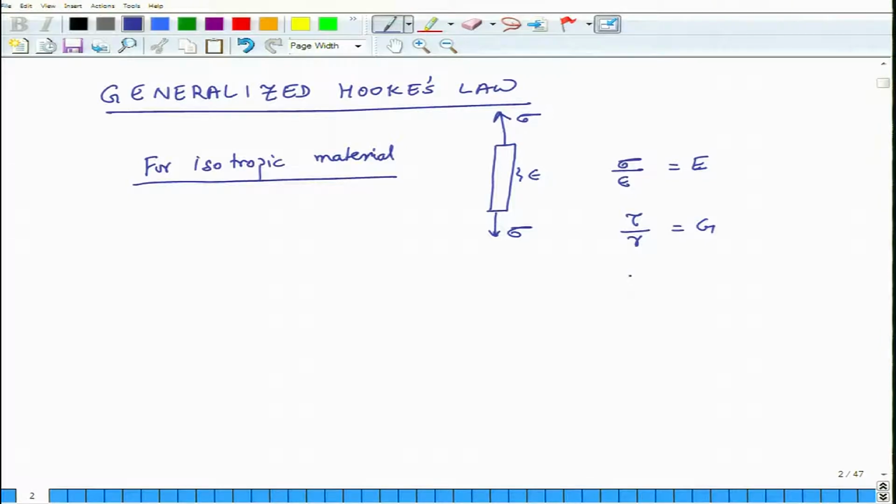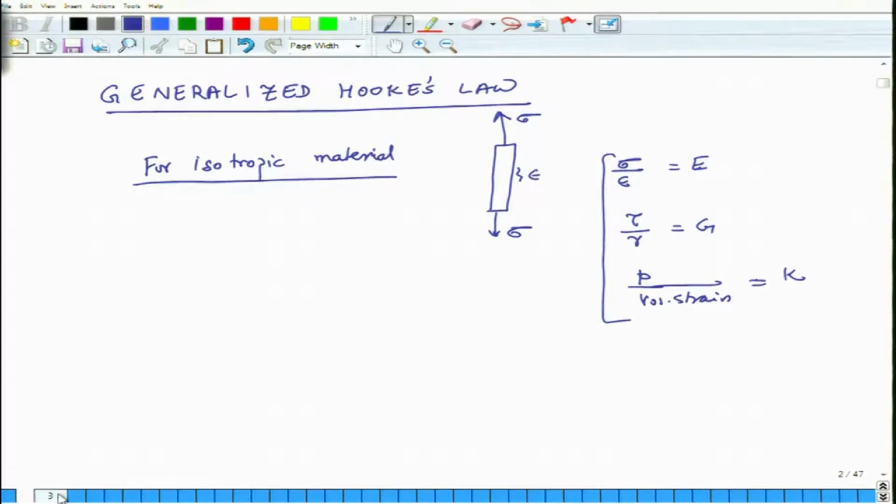and then if the material is being compressed from all the sides, then pressure divided by volumetric strain is K, the bulk modulus. So this is for isotropic material.